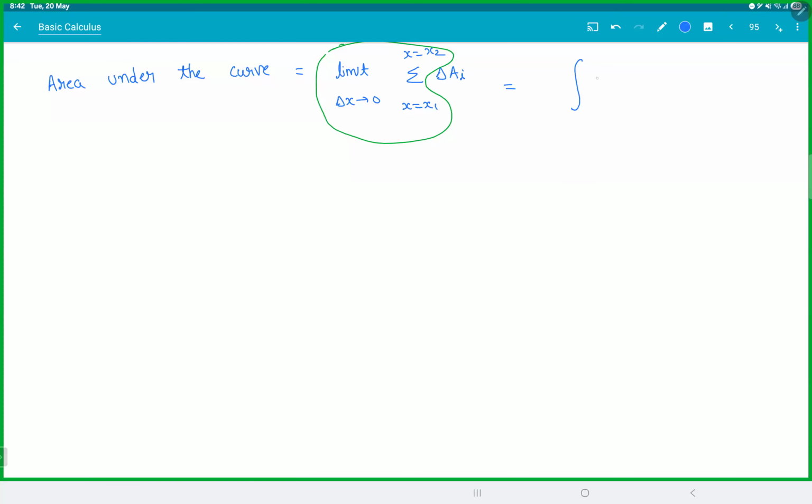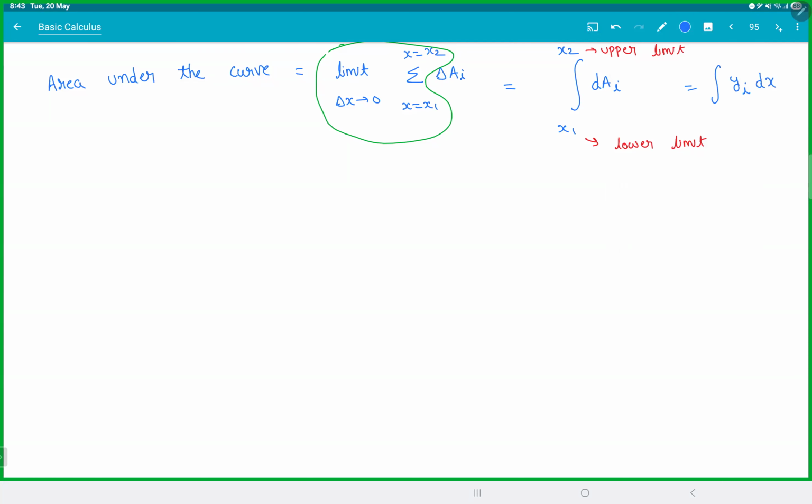So it becomes integral dai, where the limits go from x1 to x2. This is called a lower limit, meaning the point where you're starting from. This is your upper limit, up to where? This is nothing but integral y dx.